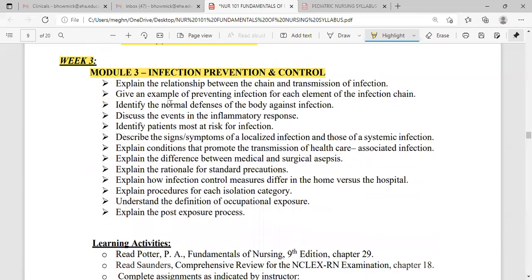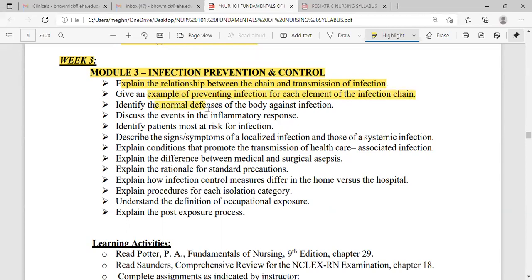Week 3, module 3, basically we talk about infection prevention and control. For example, explain the relationship between the chain and transmission of infection, right? What are the agent, host, reservoir, and transmission? Give an example of prevention of infection for each element of the infection chain.